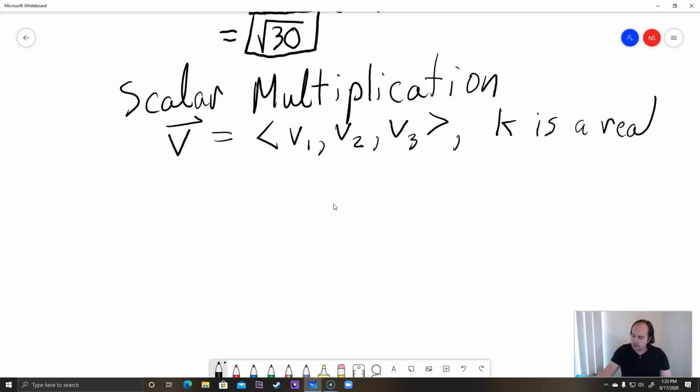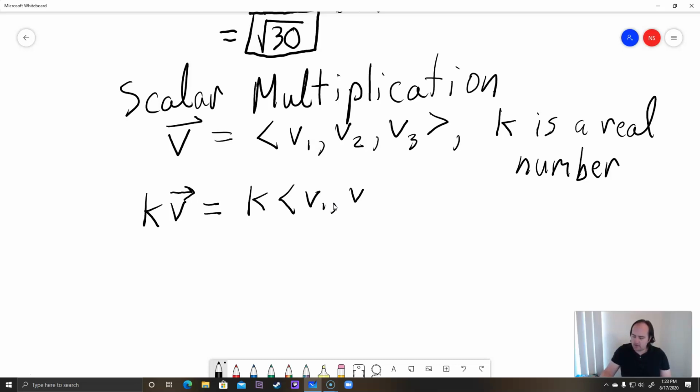Remember, a real number could be any number, like 2 or 7 or negative 3.2, anything like that. Scalar multiplication is going to be k, which is your scalar, or the real number, times your vector v. So k times v is actually going to give us k times the position vector, which is v1, comma, v2, comma, v3.